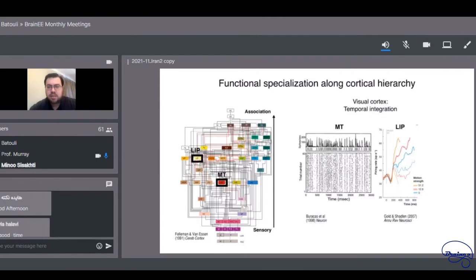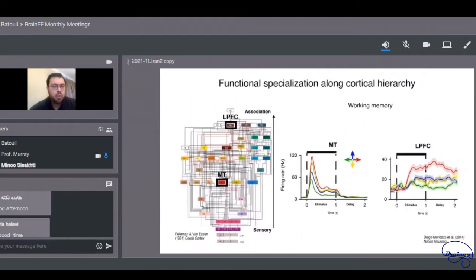And we also see this, for example, in looking at working memory. And my lab also works on computational models of working memory. And the key thing there is that you need to hold something in mind after a stimulus has been removed. And a sensory area like MT doesn't do that.